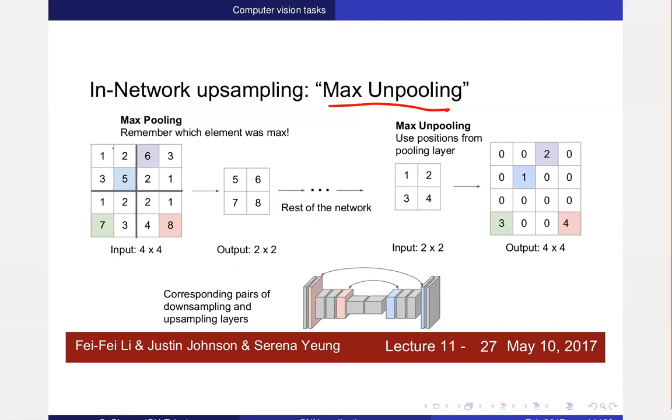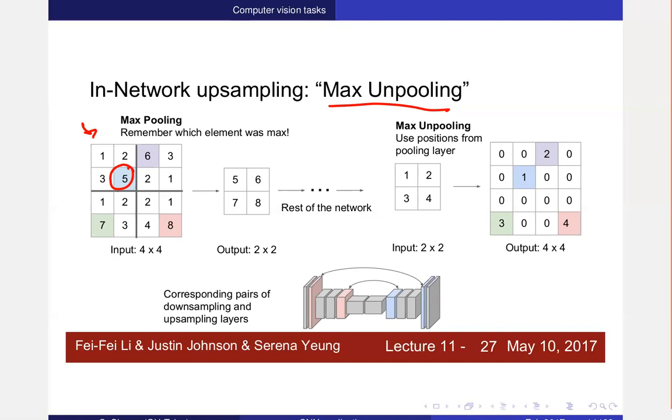When I do pooling, of course, only one of the values actually contributes to the output. For example, in this input, the ones highlighted with colors are the ones that contribute to the output.